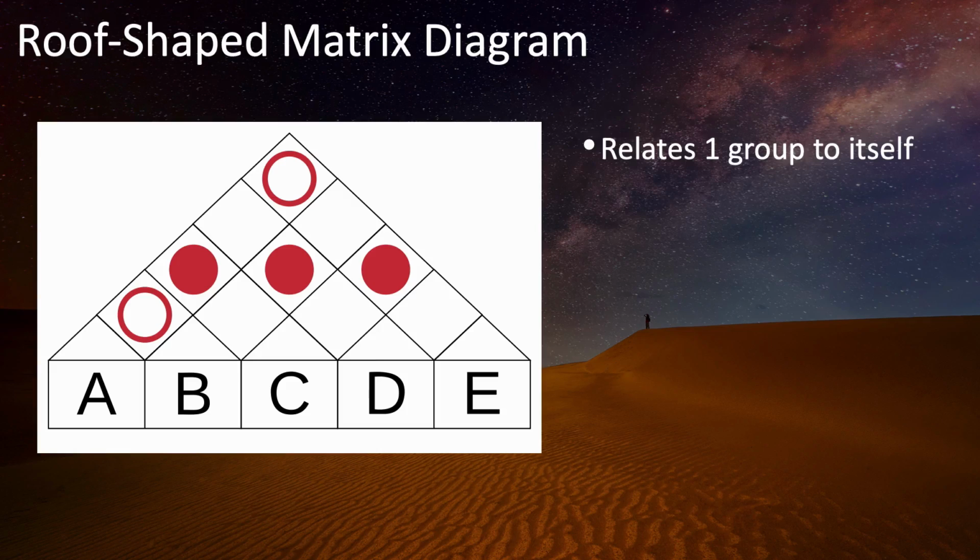A solid circle might indicate a strong or positive relationship, say between stakeholders. And a hollow circle could represent a weak or negative relationship. Or the solid circle could represent a strong dependency between product features, and the hollow circle could represent a weak or optional dependency.